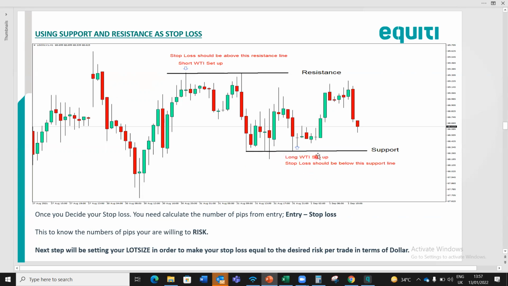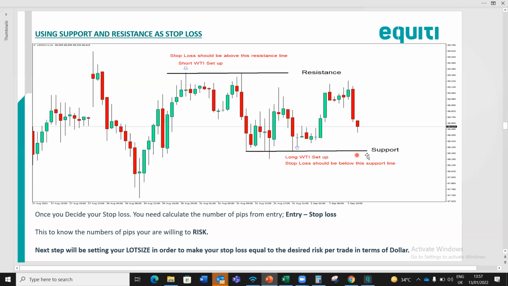Now, let's assume we find a pin bar here to take a buy position. We take a buy position here, so we long WTI. We found a long WTI setup here. Long simply means buy. Now, the stop loss should be below this support line.